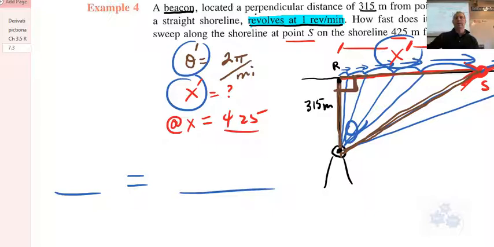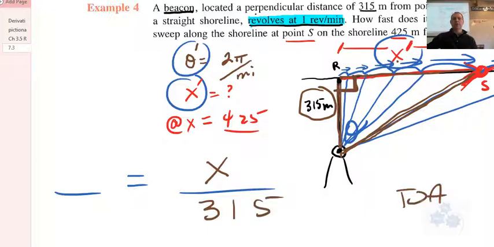So how are x and theta related if we consider this 315 that's given? Opposite, adjacent, right? If x is opposite and 315 is adjacent, that's TOA, opposite over adjacent, so we're using the tan function of theta.